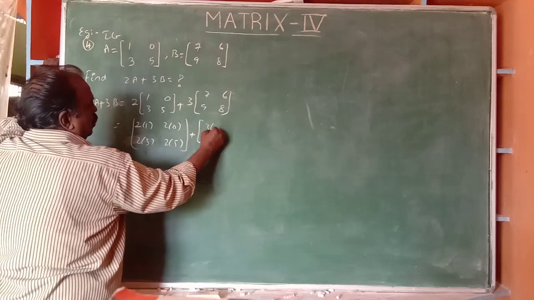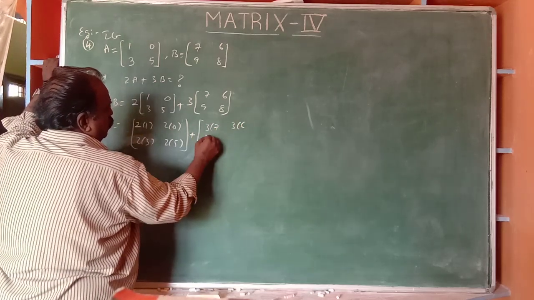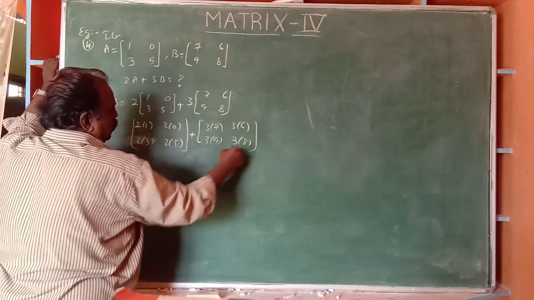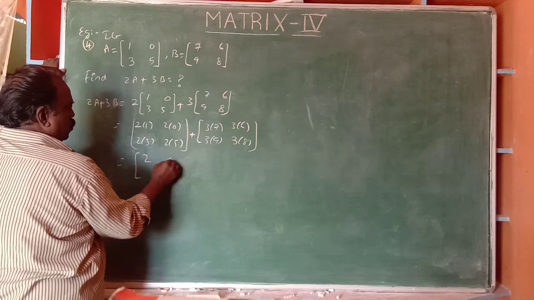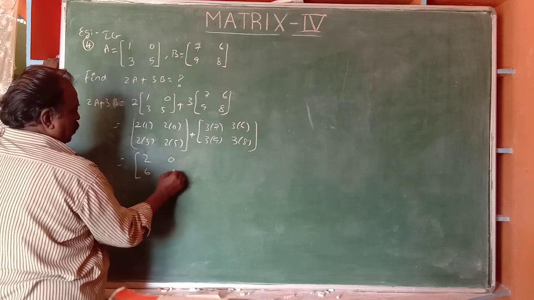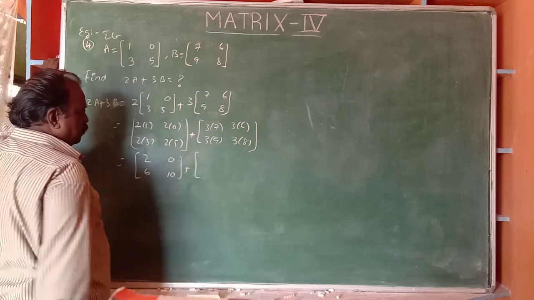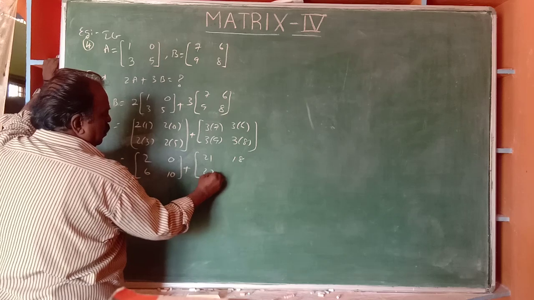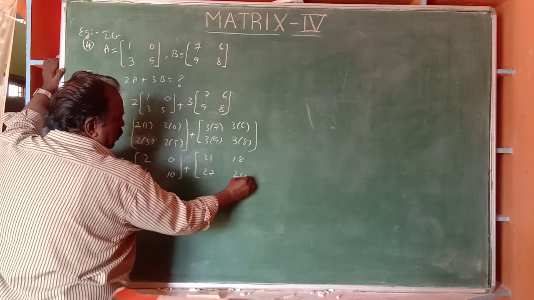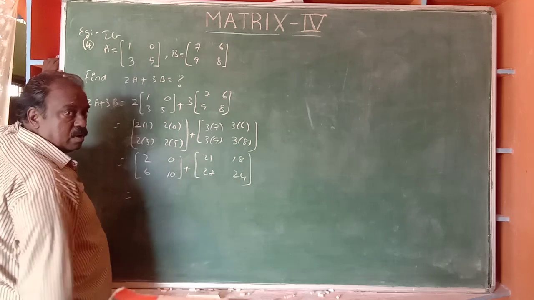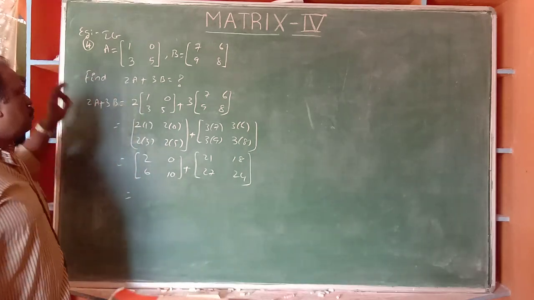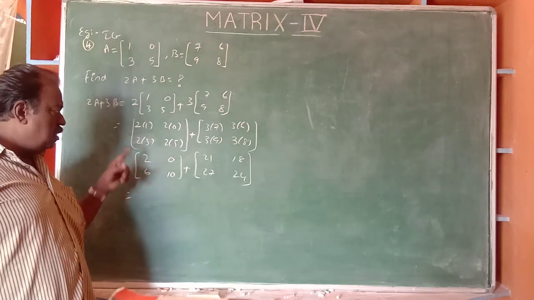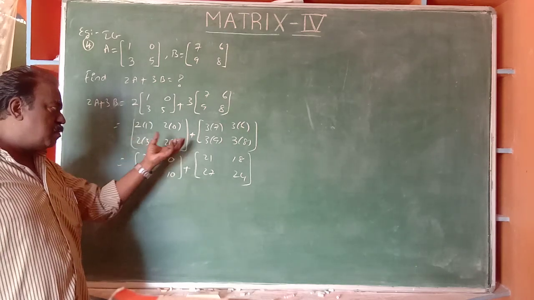Here also it is 3 into 7, 3 into 6, 3 into 9, 3 into 8. It is 2, 0, 6, 10. And here it is 21, 18, 27, 24. Okay, na? First, we have to multiply with the given constants, and then we get the sum of two matrices.